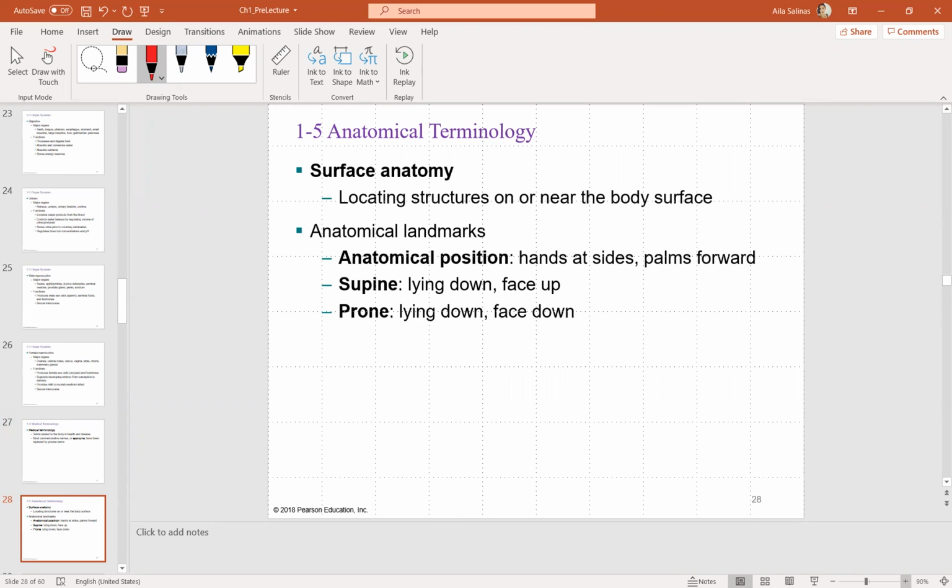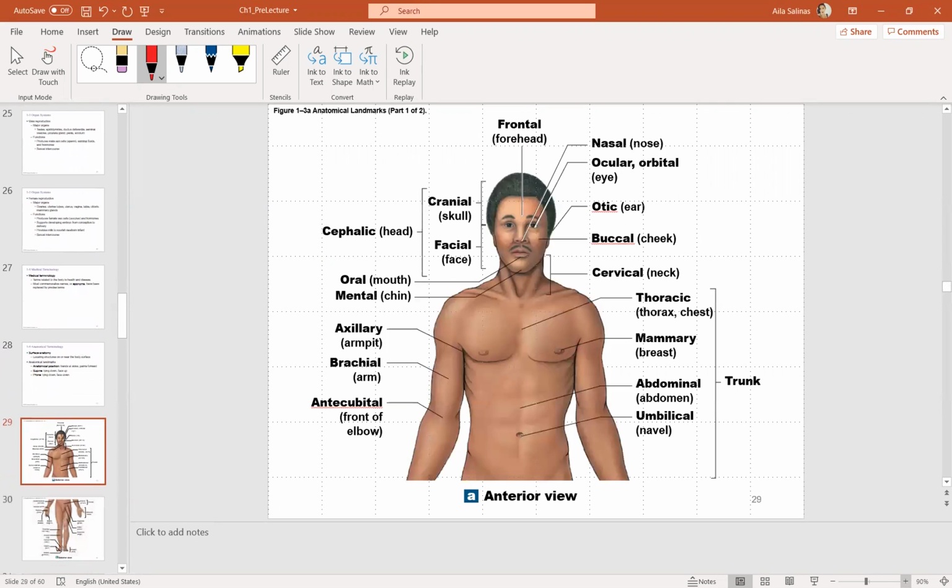The correct anatomic position is when you are standing upright with your hands at the side of your body, your palms facing forward. The supine position is lying down on your back with the face up. And the prone position is lying with your belly down, facing down.